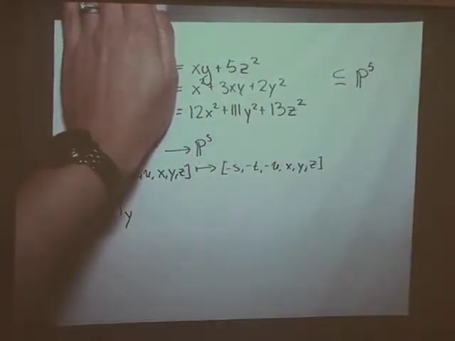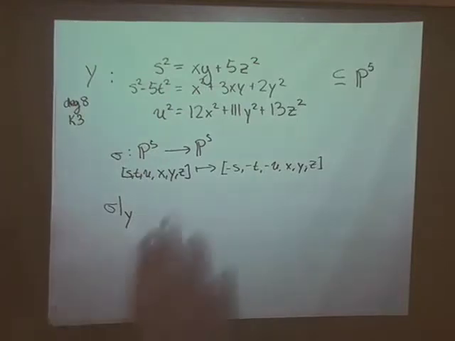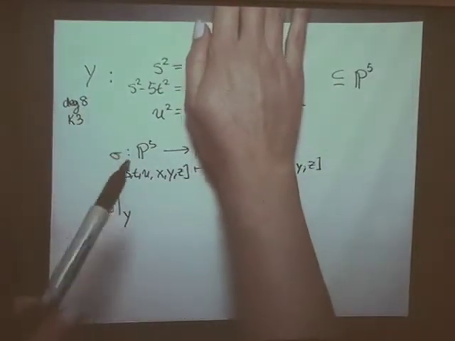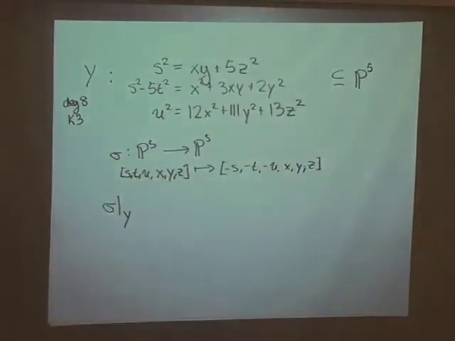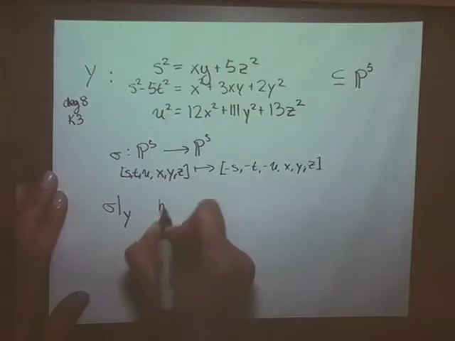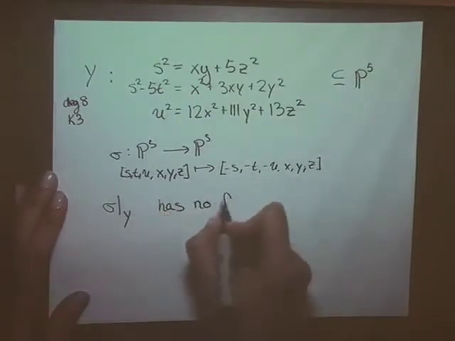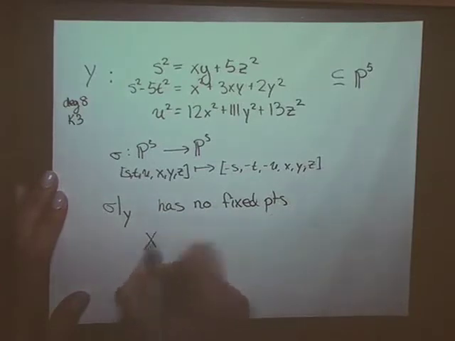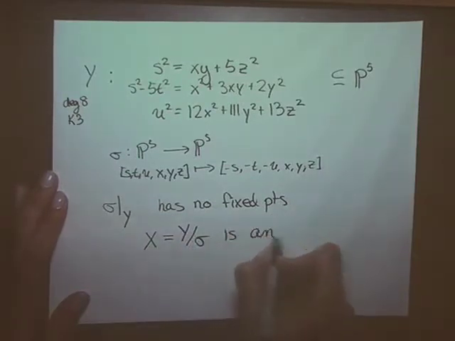As long as my conics are generic enough, three conics in P2 will not intersect, so there will be no fixed points. And this is the side you should be more worried about, because these do not look generic at all, but they're in fact enough that there's still no intersection. So sigma restricted to Y has no fixed points.